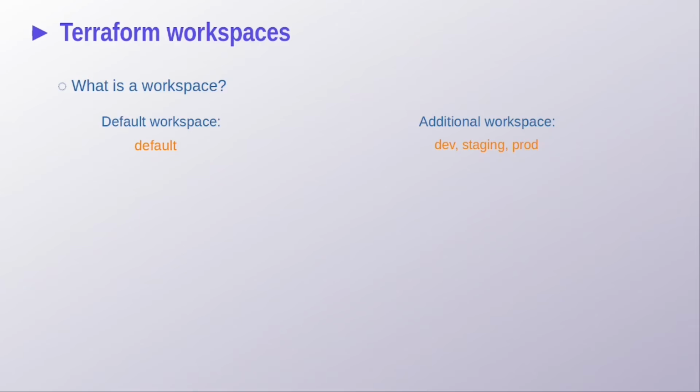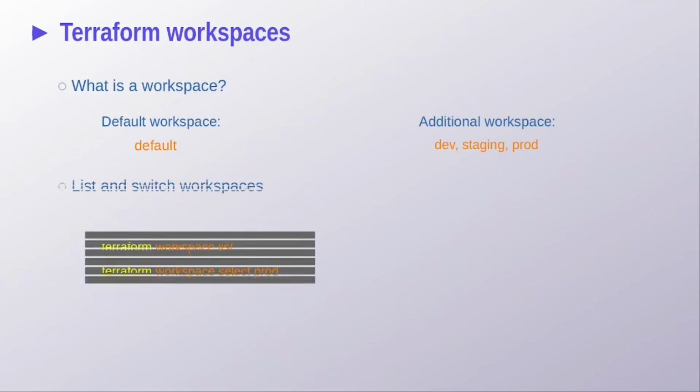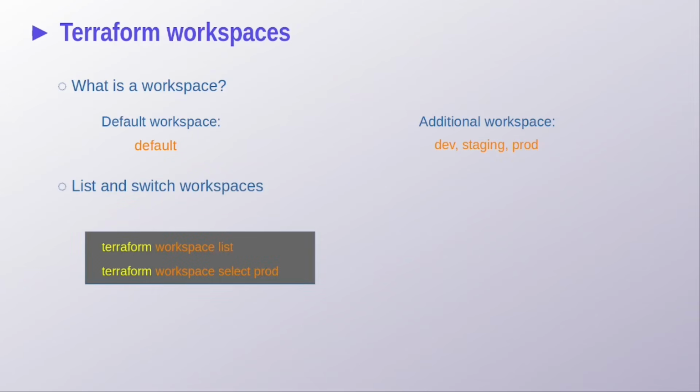By default, Terraform has one workspace called default, and you can add more, like dev, staging, and production. But remember that a workspace is not a real environment. It has only a different state file. This part is extremely important. Click and switch workspace.